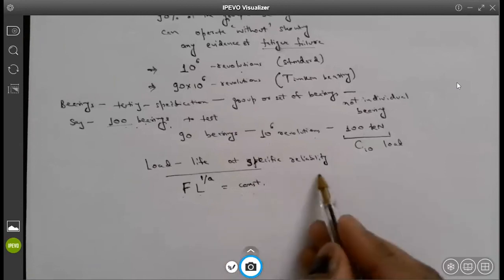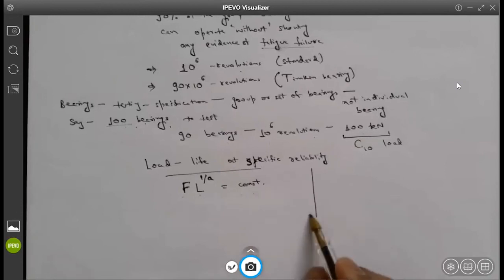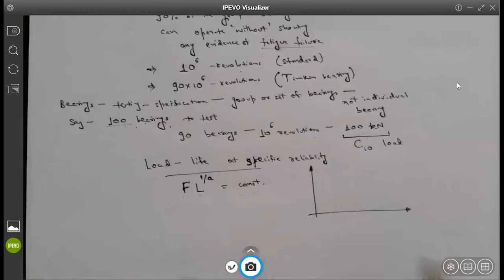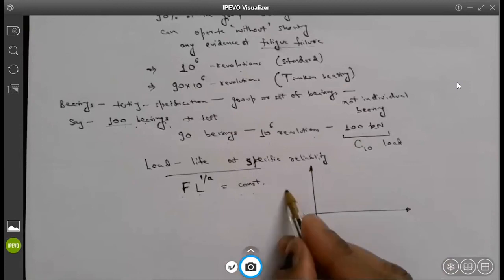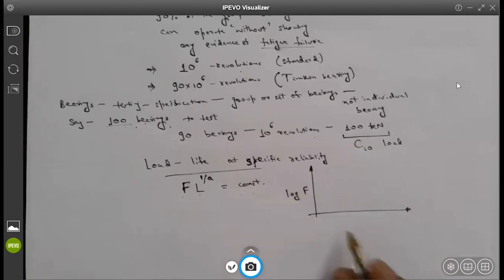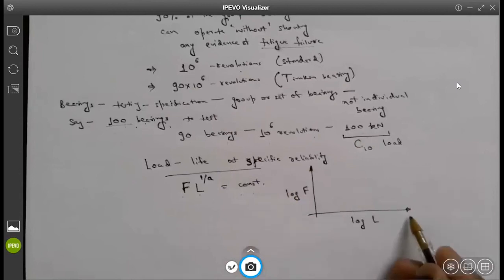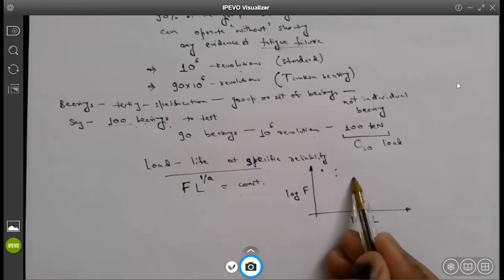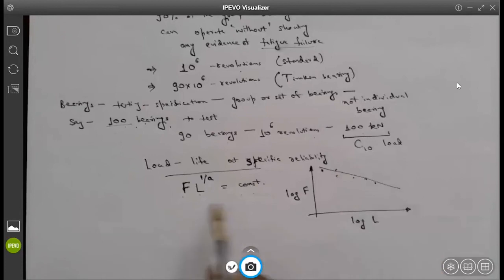So let me also show this data on a figure that may be useful in discussing this concept. If I plot the log of the radial load on the y-axis and the log of the life, the number of revolutions, on the x-axis, then I get the data points in almost a straight line. The slope of this line is given by this specific constant, 1 over a.